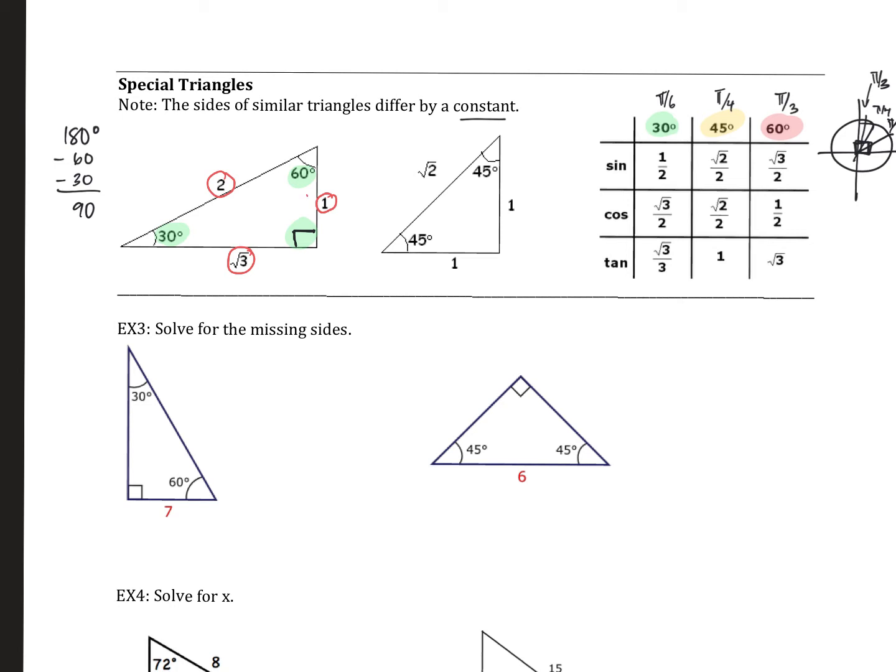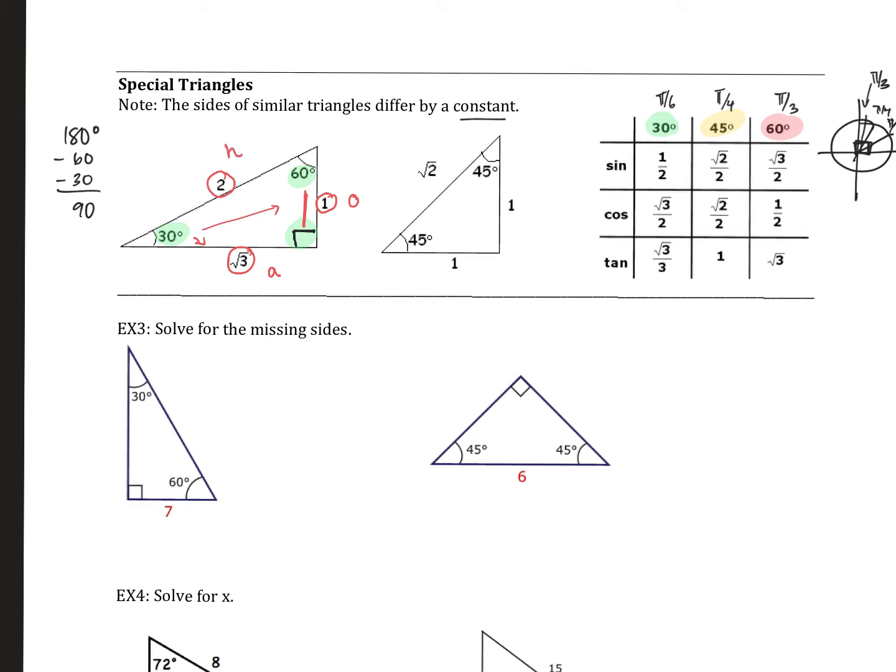The side opposite the 30-degree angle is always going to be 1. The other side would be the adjacent side, which would always be some multiple of root 3, either 4 root 3, 5 root 3, 6 root 3, something like that. And then the hypotenuse will always be some multiple of 2.